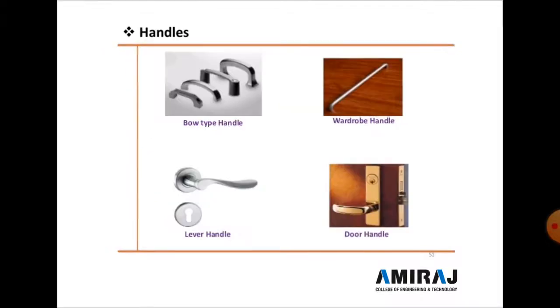Now next are the handles. Bow type handle, then wire drop handle, lever handle, and door handle: these four types of handles are generally used for the door and window.